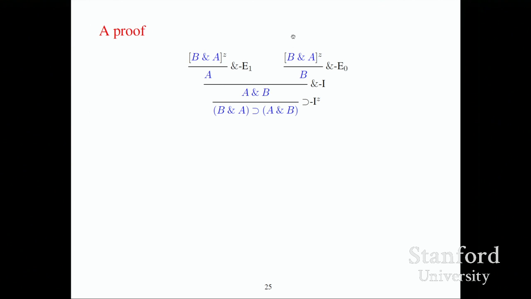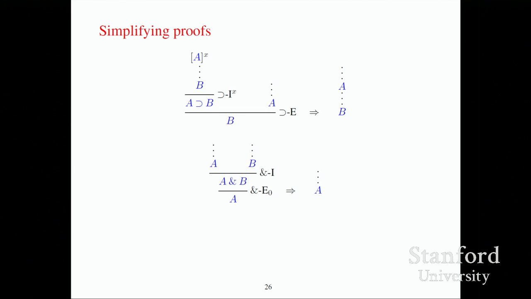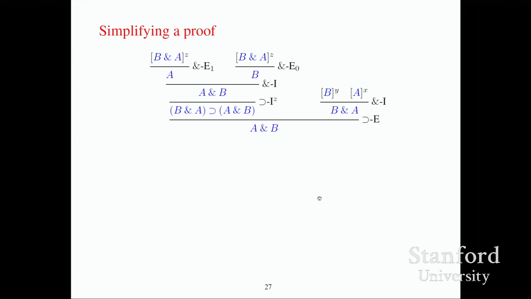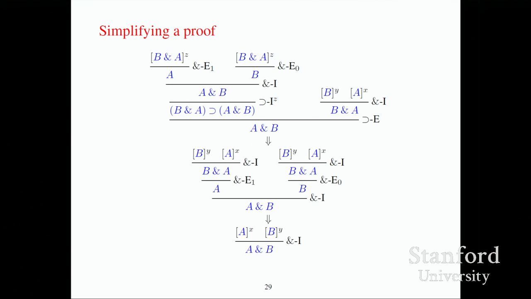So we're making things simpler, but that doesn't mean we're making things smaller. We might be making things larger. And then the other thing, which is much simpler, says, well, if from A and B you've got a proof of A and B, and from that you can conclude A, hey, just use the proof of A directly. So those were the two things that we used in simplifying this proof.